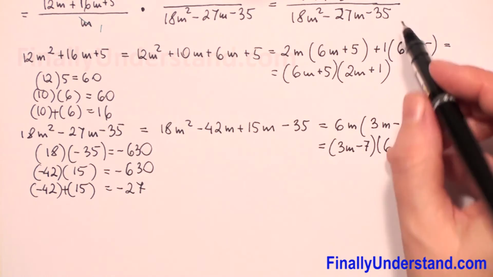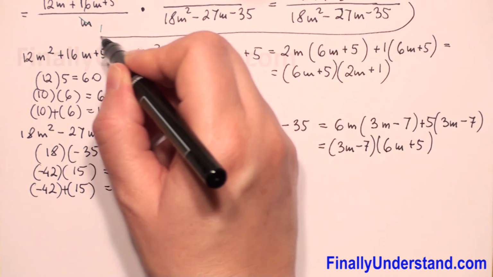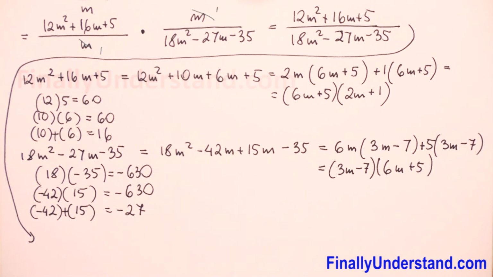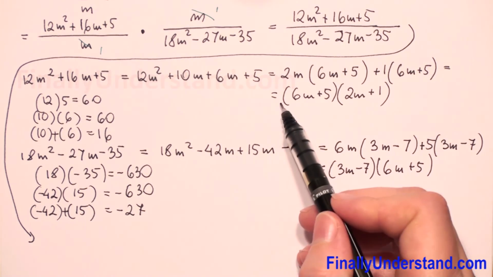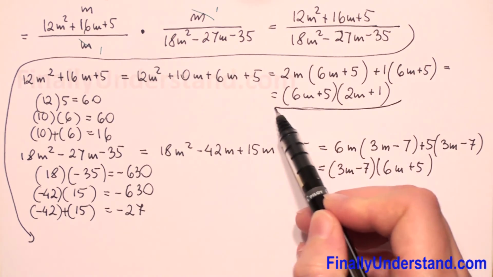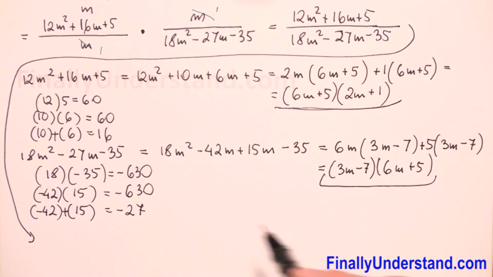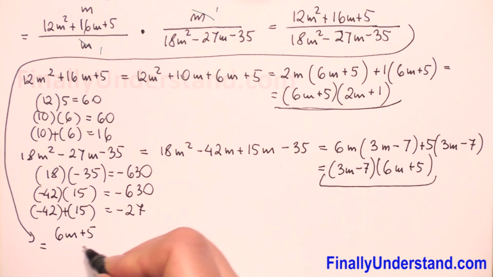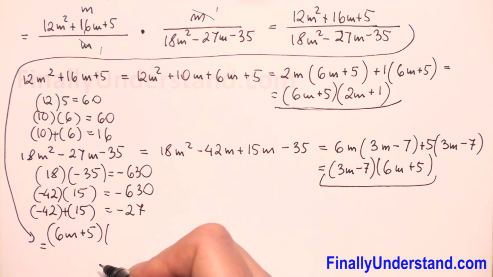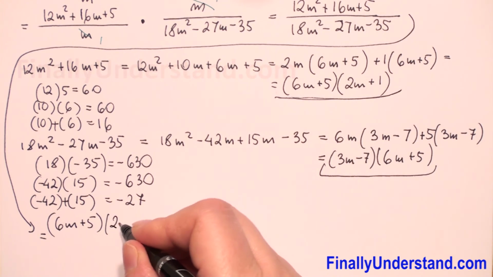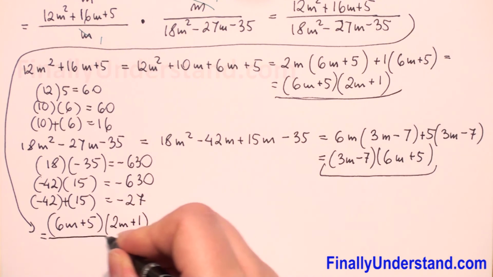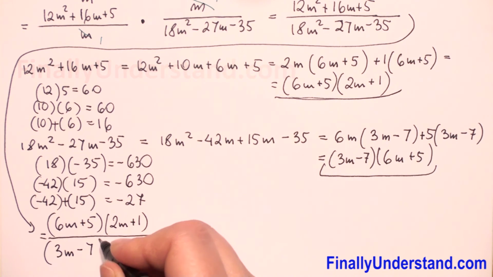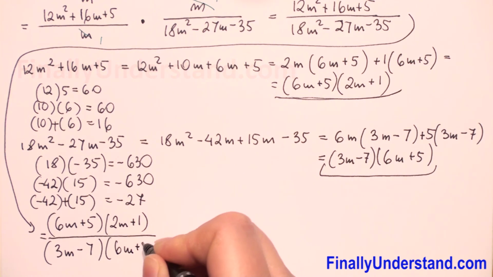So now we can come back to our algebraic fraction. We can rewrite our numerator by using this formula and the denominator by that. So we have 6m plus 5 times 2m plus 1 over 3m minus 7 times 6m plus 5.